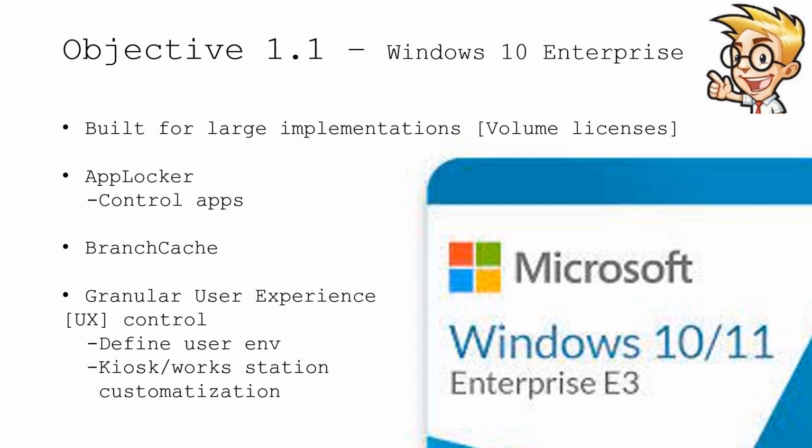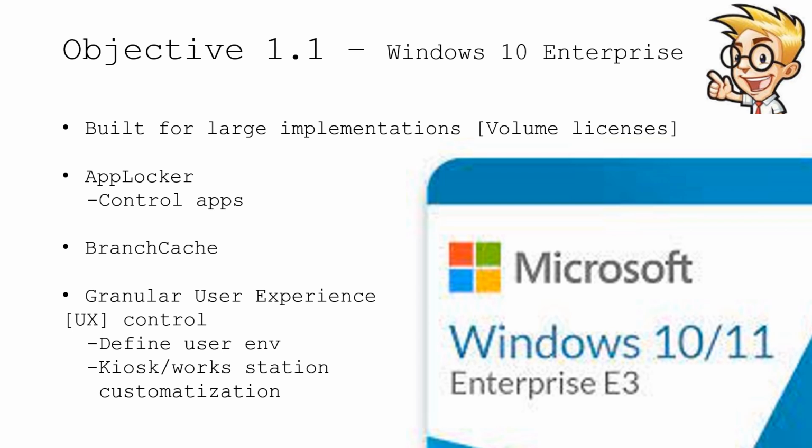Windows Enterprise environment. Many of these enterprises have remote sites, and Windows 10 allows you to enable BranchCache so that you can cache these files at the remote site instead of pulling them across slower wide area network connections. And Windows 10 Enterprise allows granular control of the user interface through the granular user experience, or UX control.